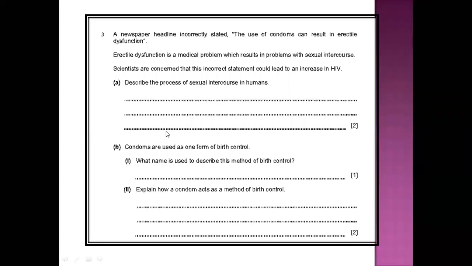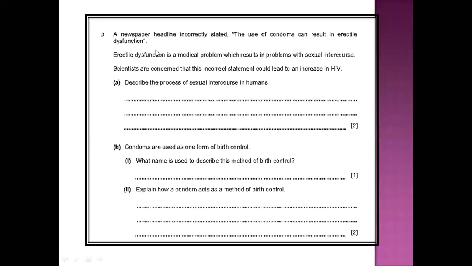Let's move to this question. A newspaper headline incorrectly stated the use of condoms can result in erectile dysfunction. Now, what is erectile dysfunction? Erectile dysfunction is a medical problem which results in problems with sexual intercourse.